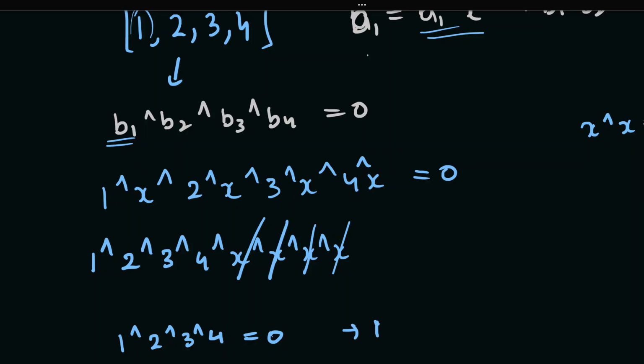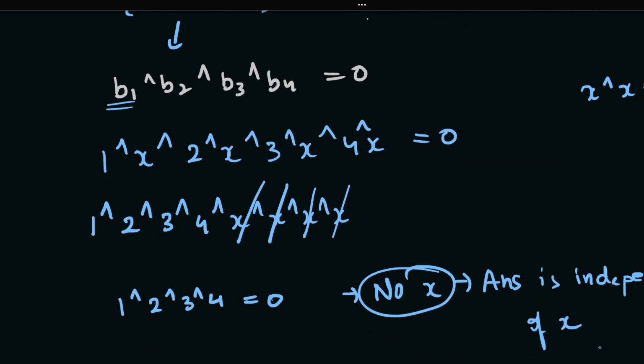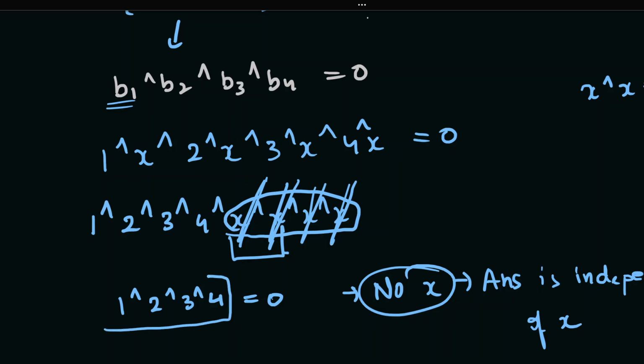There is no x. So the answer is independent of x. Why is that so? Because in case of even, the number of x's is even, they will cancel out each other and we will remain with something.